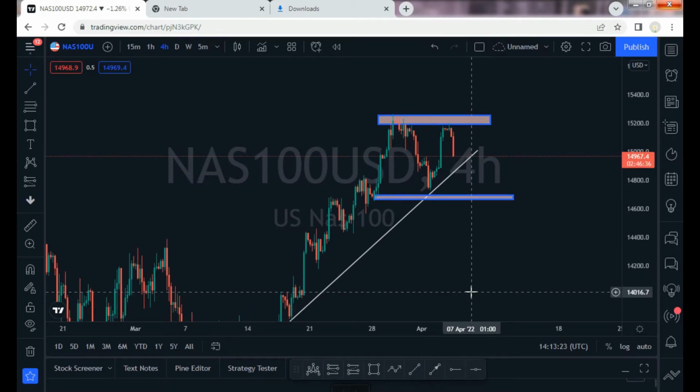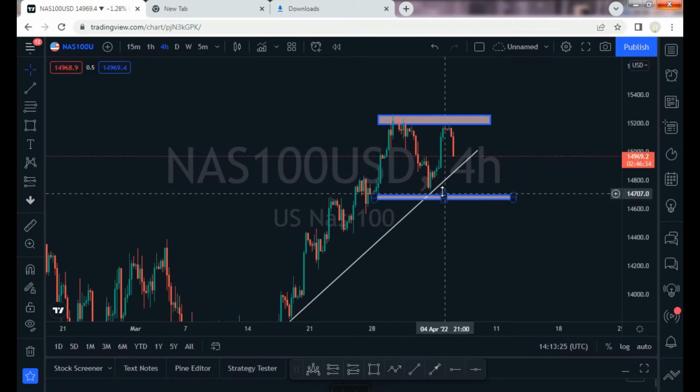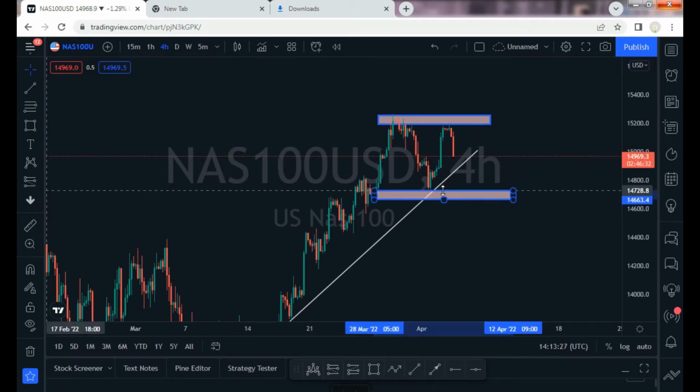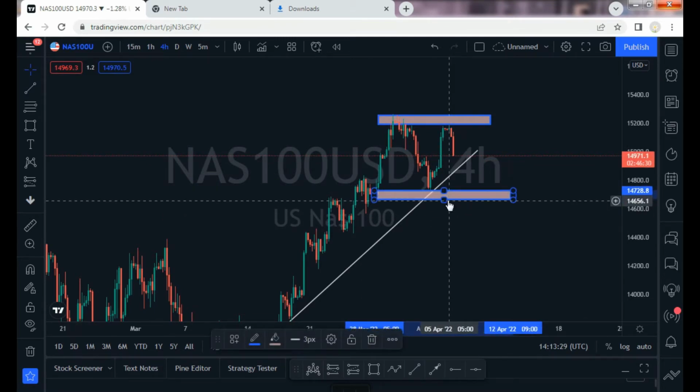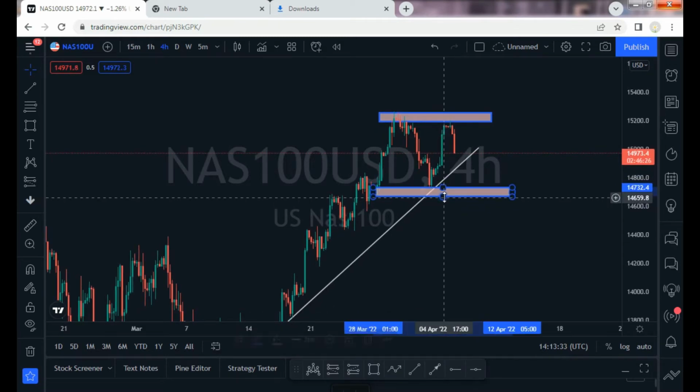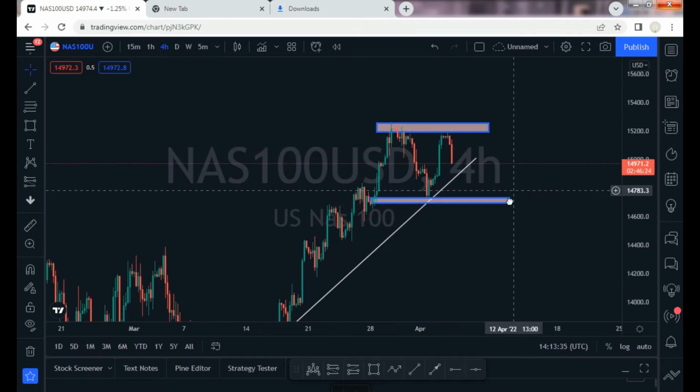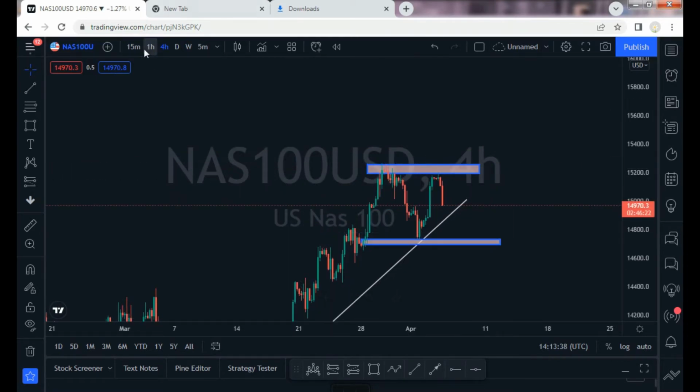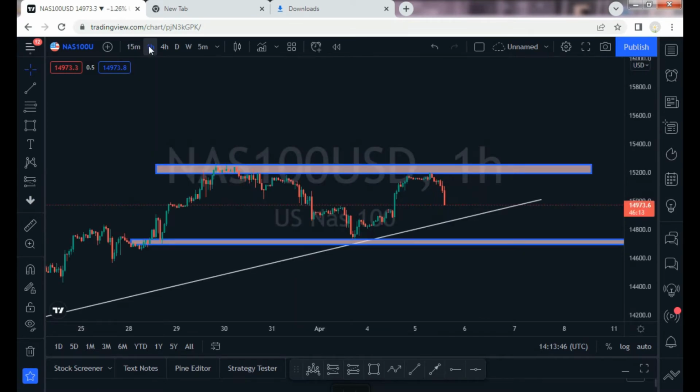Okay, so you have to zoom in to modify your zones. All right, so let me go down to 1 hour. I hope you all understand how we got to this point. Okay, so I had to plot another trend line.